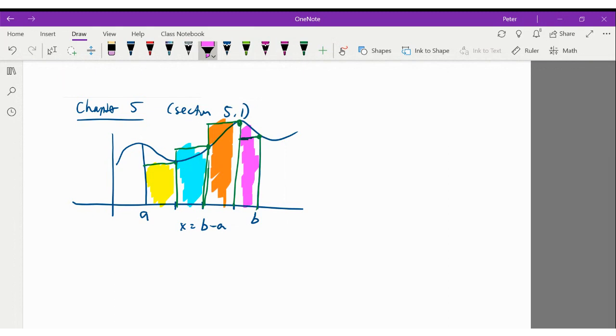Oops, sorry, actually, the last one was not correct. There. And that gives a decent approximation of the area under the curve. So what I'm describing here is an approximation of the area under a curve.